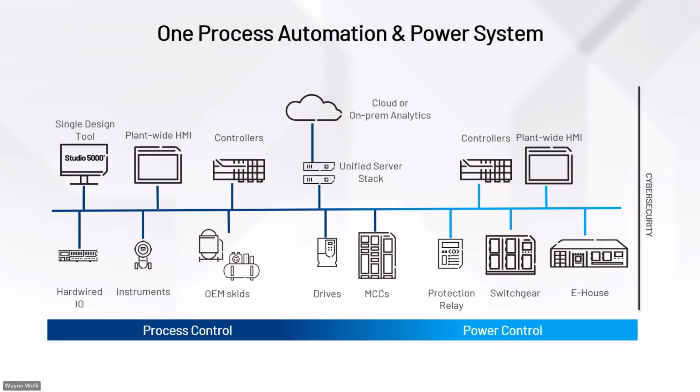Effectively, we mean connecting the power devices, whether those are drives or MCCs, overload relays, even switchgear, into our process control system, so we can act more intelligently when issues arise at the facility.